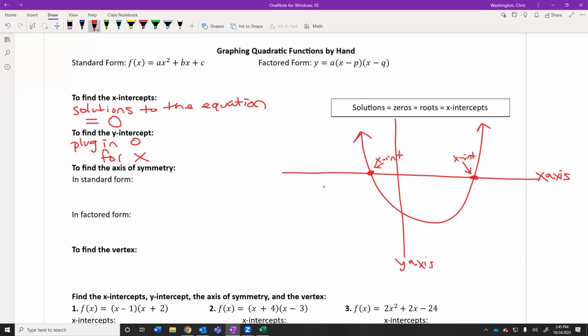And every single point on the y-axis has something in common: the x value of every single one of those points is 0. So if I pick this point right here, which is the y-intercept, what is the x value of that point? 0. So if I know the x value has to be 0, I can use that to find the y-intercept.